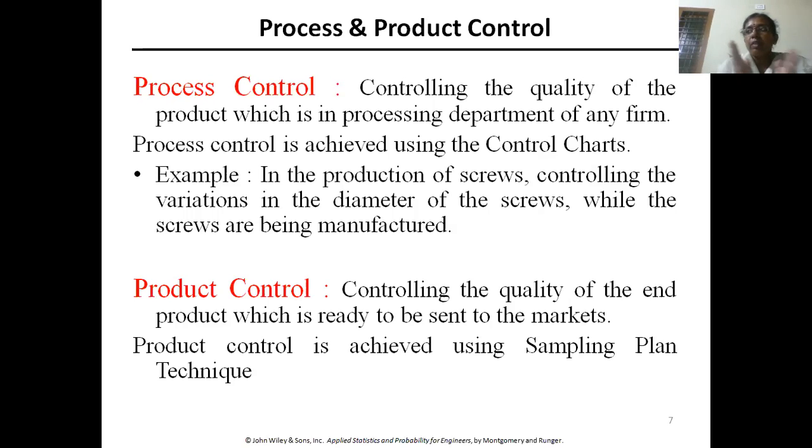Whichever items are defective, we'll take out those defective items and send the products which are of good quality to the market. So controlling the quality of the end product which is ready to be sent to the market is known as product control. And this product control is achieved using the sampling plan technique.